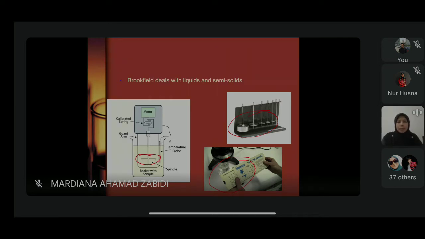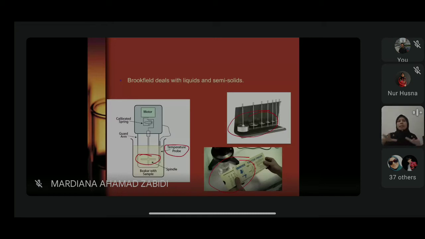The temperature probe is for us to know the internal temperature of the product that we are going to measure. The normal temperature that we work with when we measure viscosity is 25 degrees Celsius. 25 degrees Celsius is regarded as room temperature.